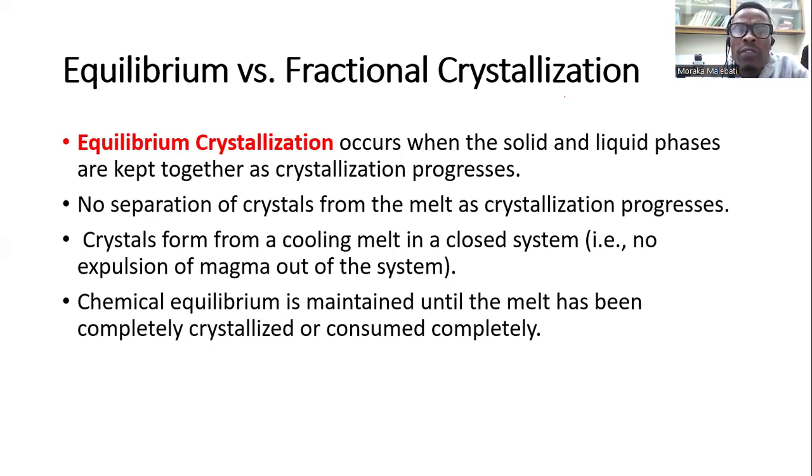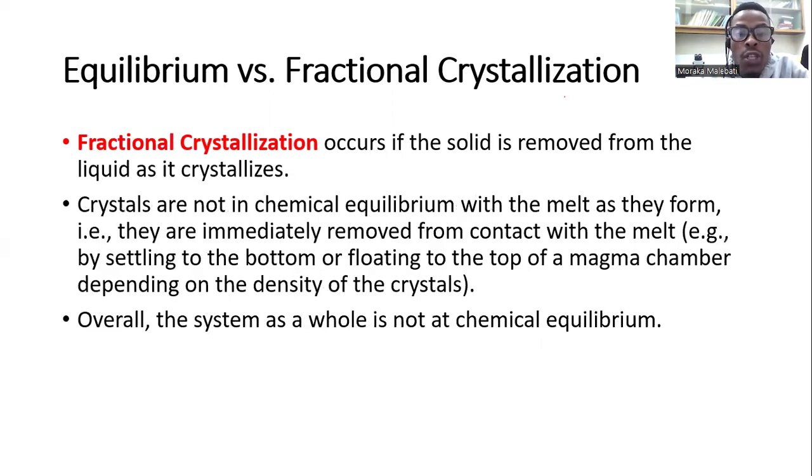But with fractional crystallization, after forming a crystal there is a separation, because of the difference in densities. The newly formed crystals settle at the bottom of the chamber, making the magmatic composition evolve.